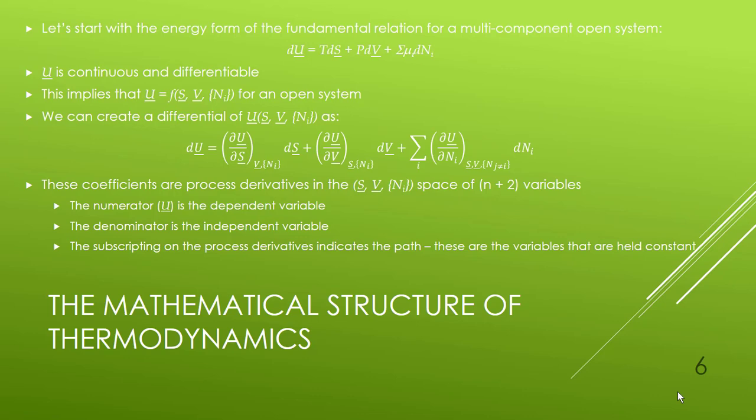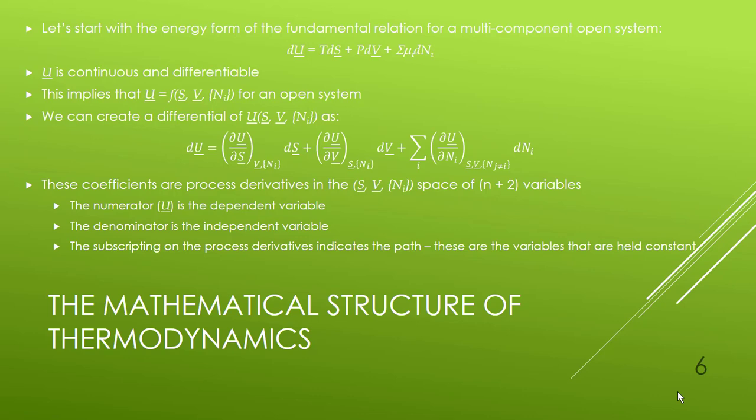I can also write, for a function of S, V, and N, the differential of U is how U changes with S while I hold V and N constant, dS, plus how U changes with V, holding S and N constant, dV, plus how U changes with the number of moles of each component, holding S, V, and the number of moles of the other components constant, dN. That's just a mathematical definition of a differential.